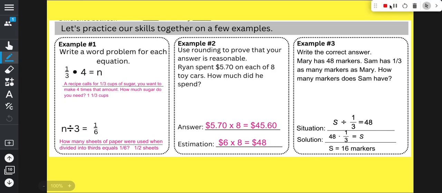Let's fix that. All right, never mind. Our equations are correct. Sam divided by 1/3 equals 48, which is Mary's amount. Or Mary's 48 times 1/3 will equal Sam's amount. And so Sam has 16 markers.